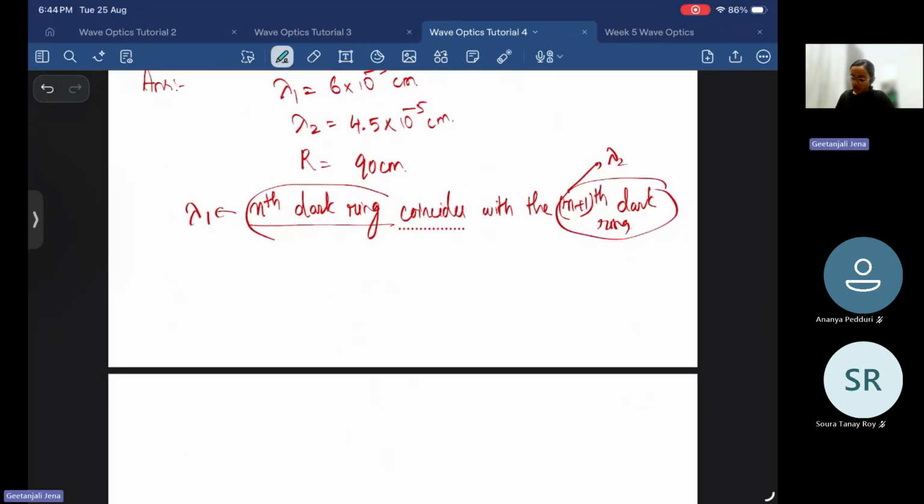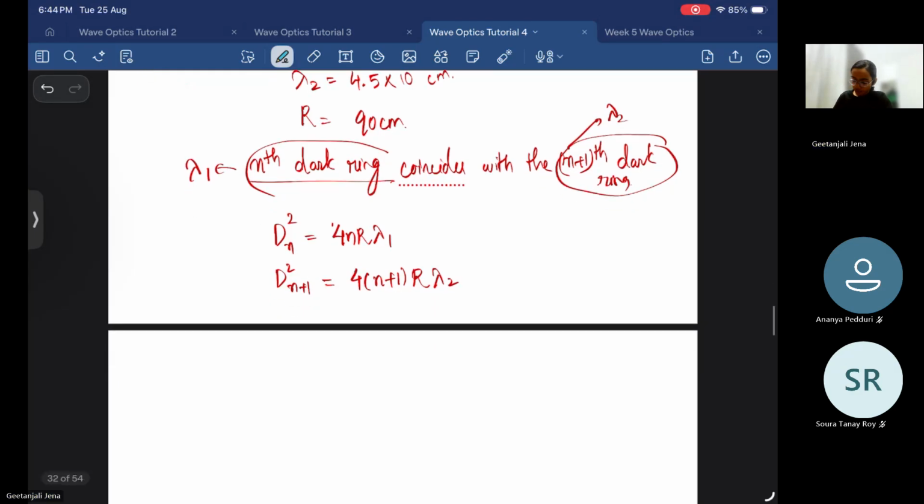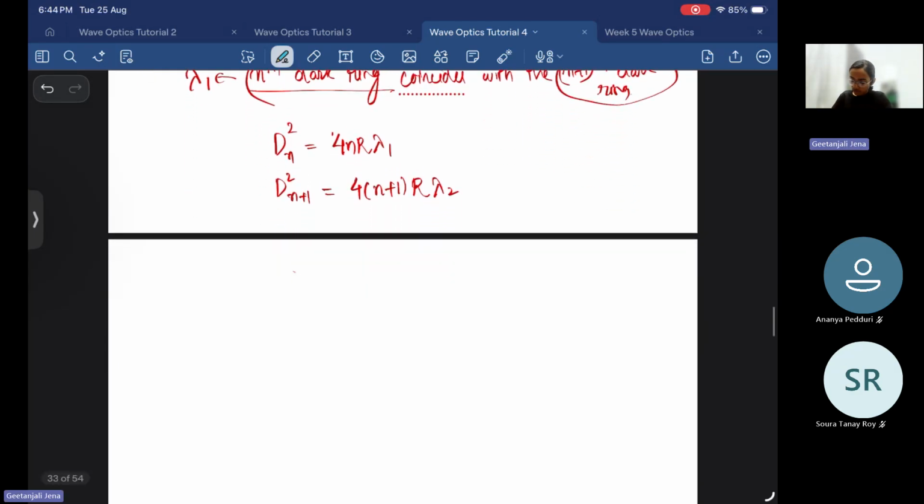Let us see. The expression for the diameter, if you recall, is d n square equals 4 n lambda 1 R. So d square n plus 1 is 4 times n plus 1 lambda 2 R. These are equal.